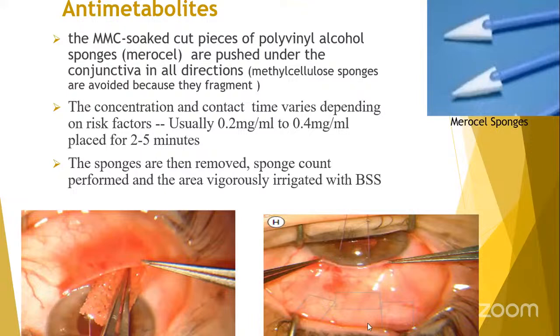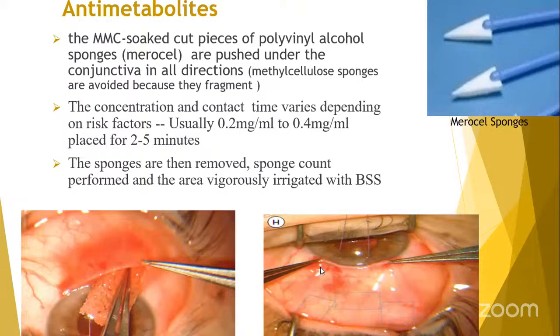You can see in the other picture, when you have put in the swabs, the pieces of the sponges, you leave for 2 to 5 minutes, depending on the risk factors, like I said earlier.